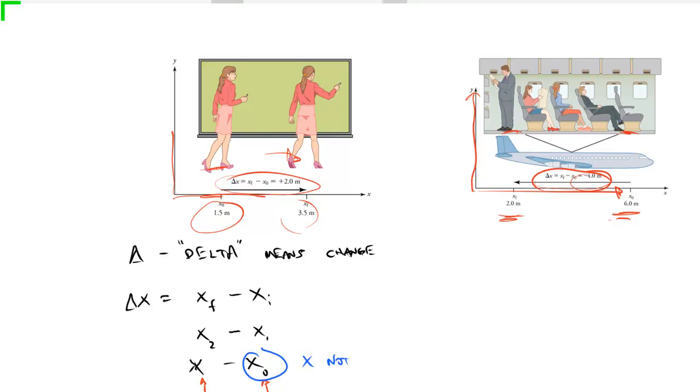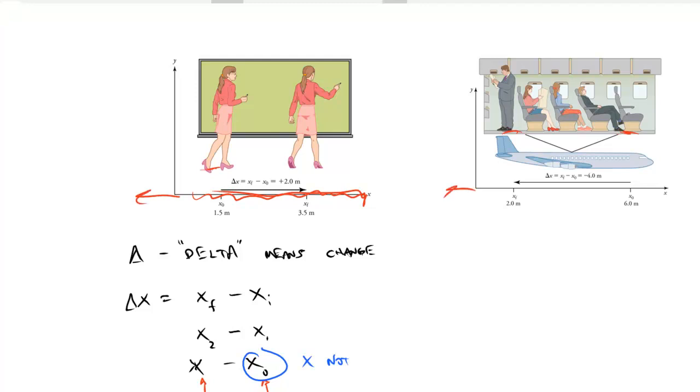If I were to flip these coordinate systems around, so that a positive x is to the left, then the lady's change in the x position would have been a negative 2 meters.